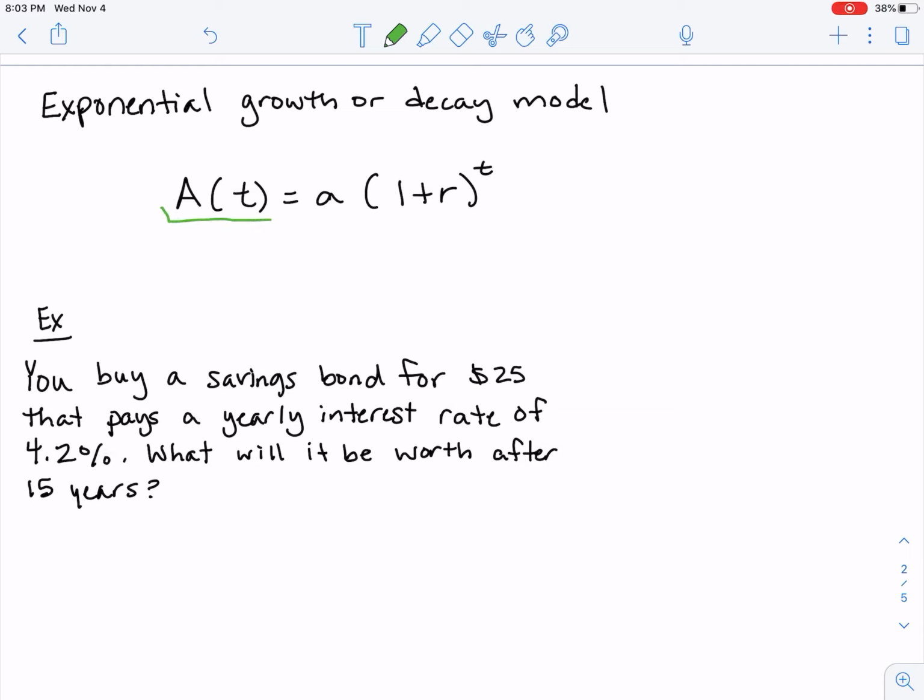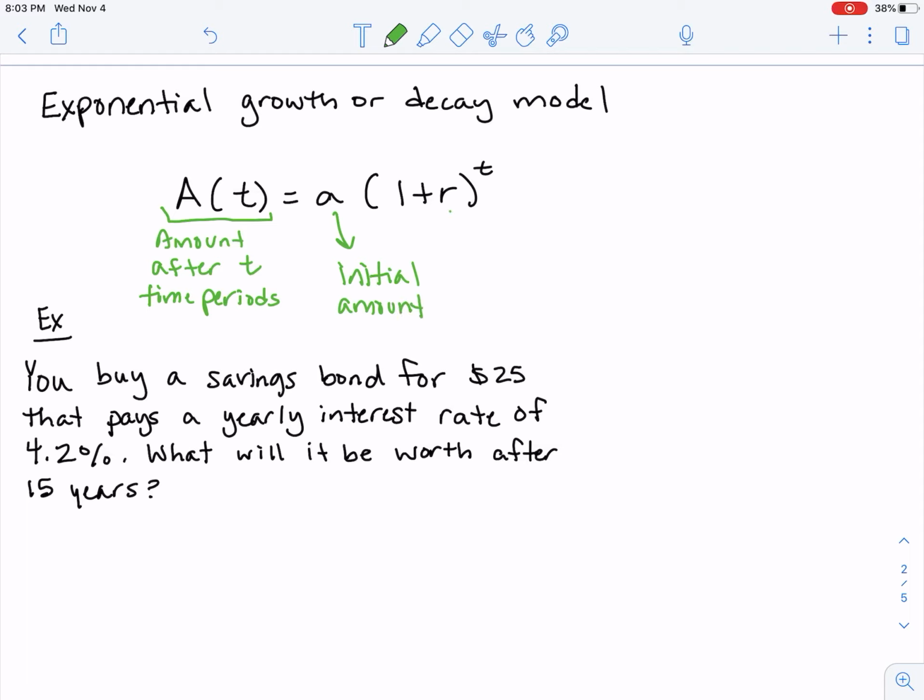This A of t, that represents the amount after t time periods. So the amount after some amount of time. A represents the initial amount. Initial amount would be the amount you're starting with.